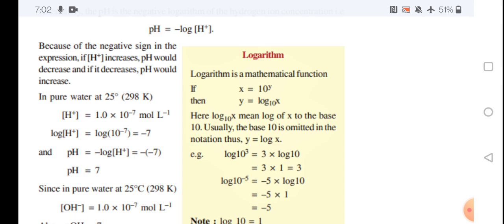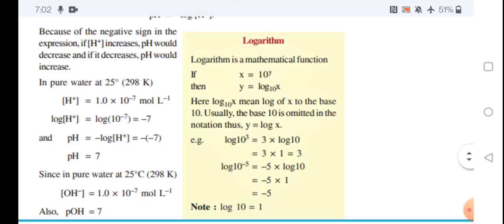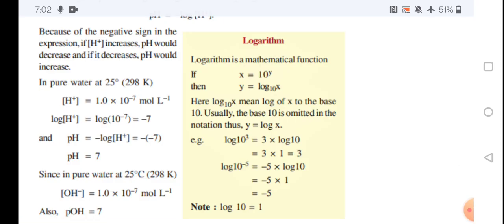The logarithm of 10 to the power of minus 7 is equal to minus 7 times log of 10, and log of 10 to the base 10 is equal to 1. So we get minus 7. That is, pH is equal to minus of minus 7. Minus becomes plus, so the pH value is equal to plus 7.